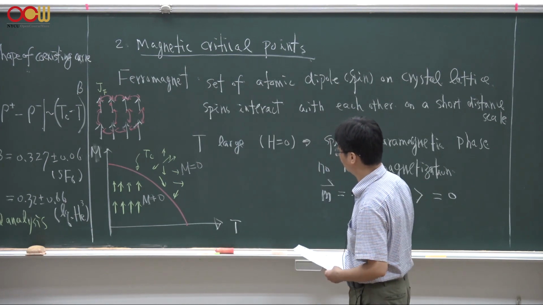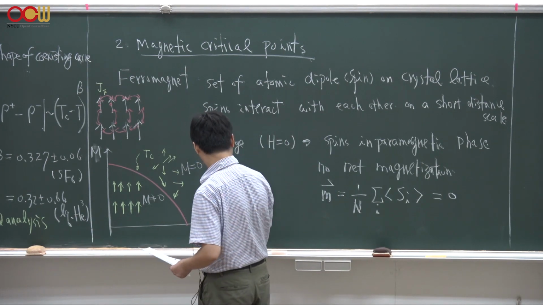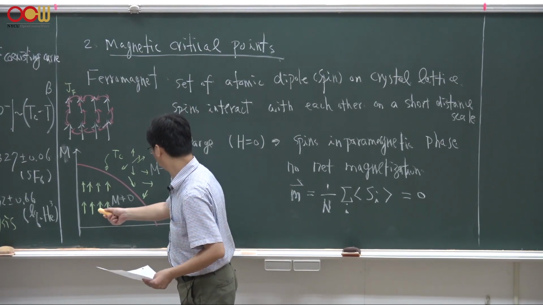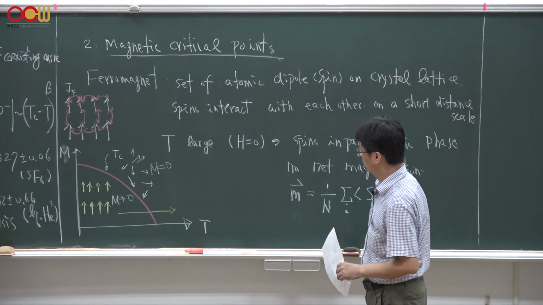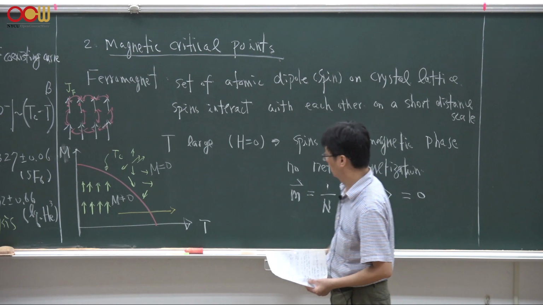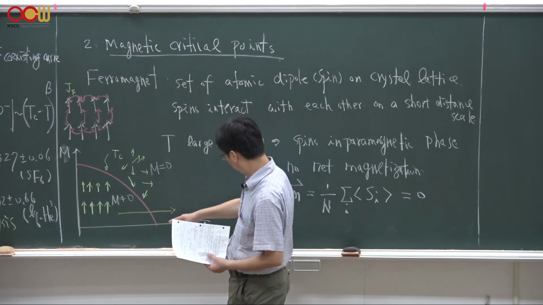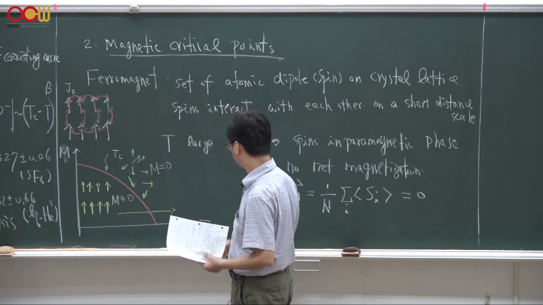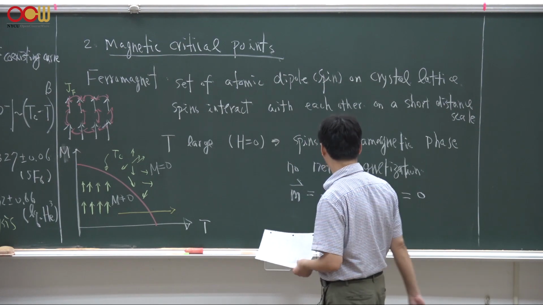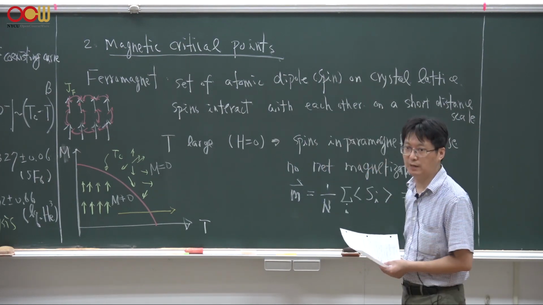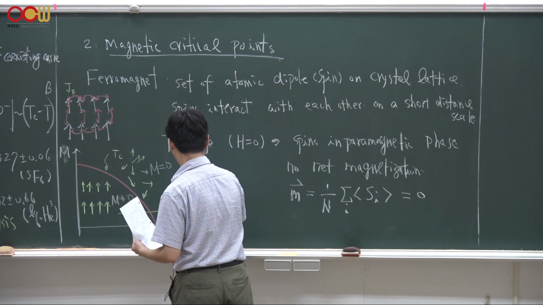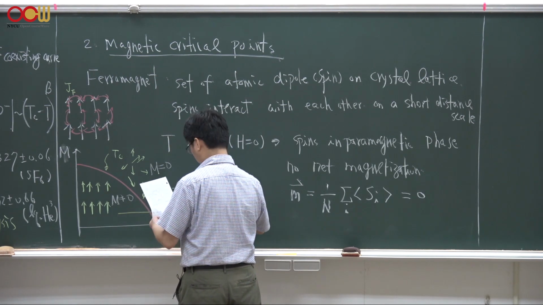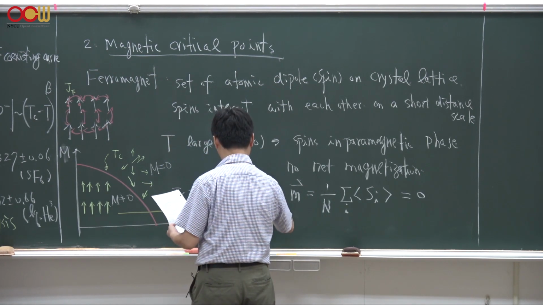You could probe this phase transition by increasing the temperature, so that the magnetization will decrease as a function of increasing temperature. At higher temperature you lose all the magnetization and the system becomes a paramagnet. However, for T less than Tc, you get magnetization.